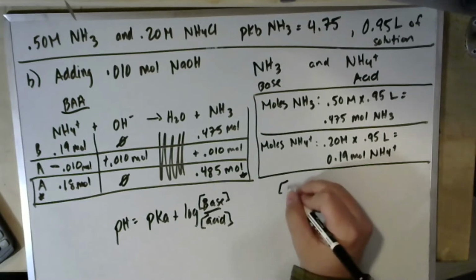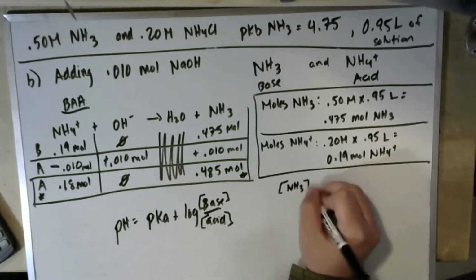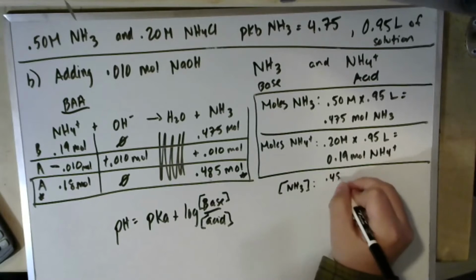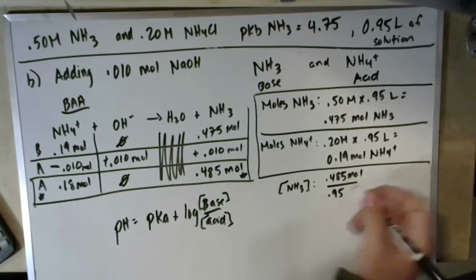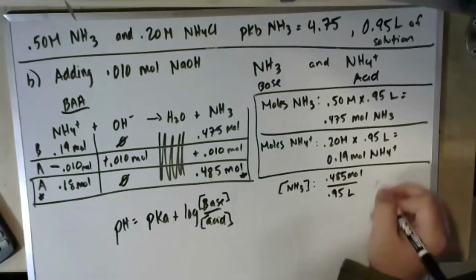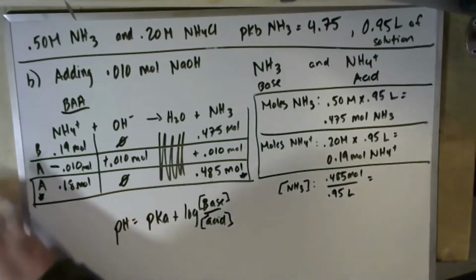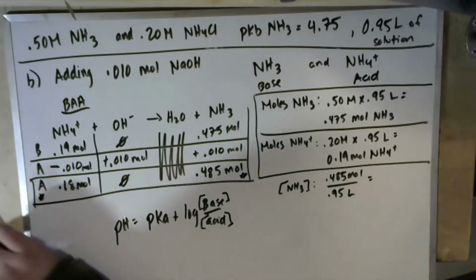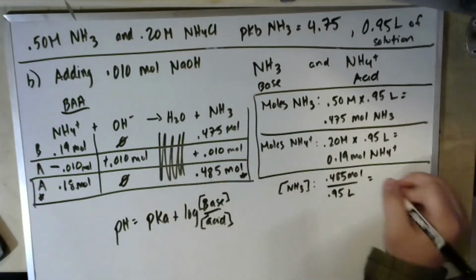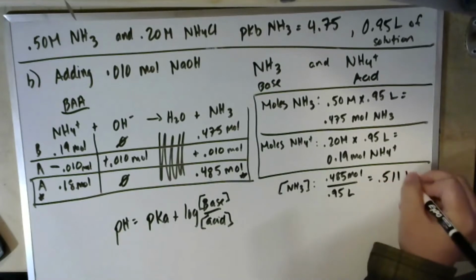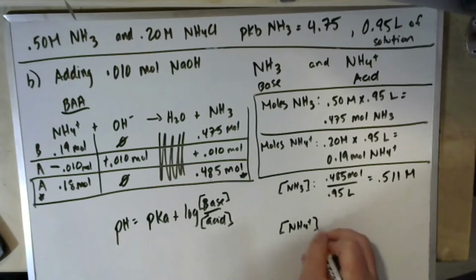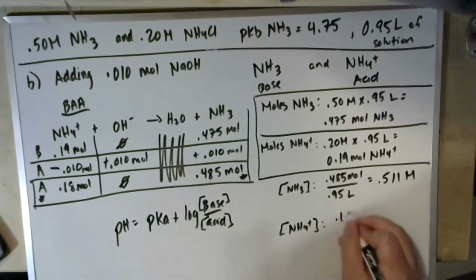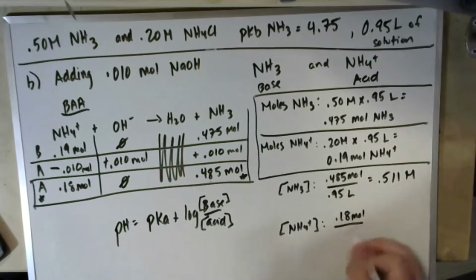So the concentration of my NH3 is going to be 0.485 moles over 0.95 liters. And then for my ammonium, 0.18 moles over 0.95 liters.